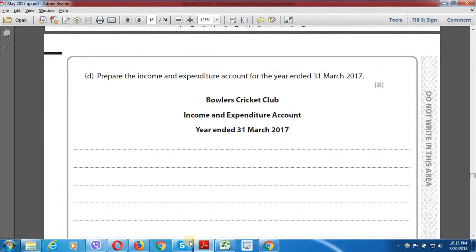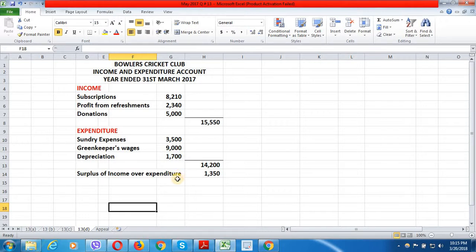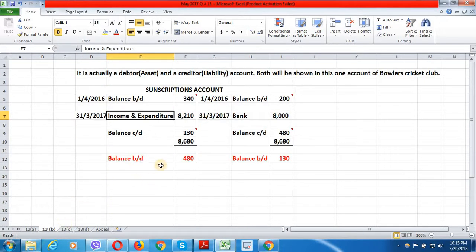Clear? Finally, in number D, it was told to prepare the income and expenditure account for the year ended 31st March 2017. To prepare the income and expenditure account, you need to put all the incomes in the income section and all the expenses in the expenditure section. So, in the income section, the first item is subscriptions. Please have a look. I have told you in number B that 8210 will be treated as income in the income and expenditure account.